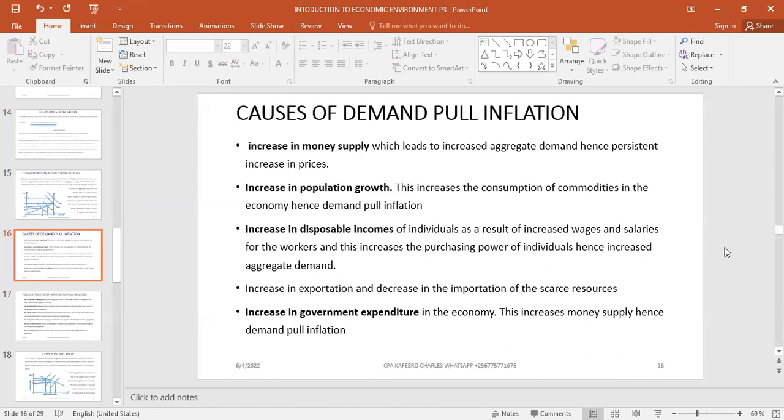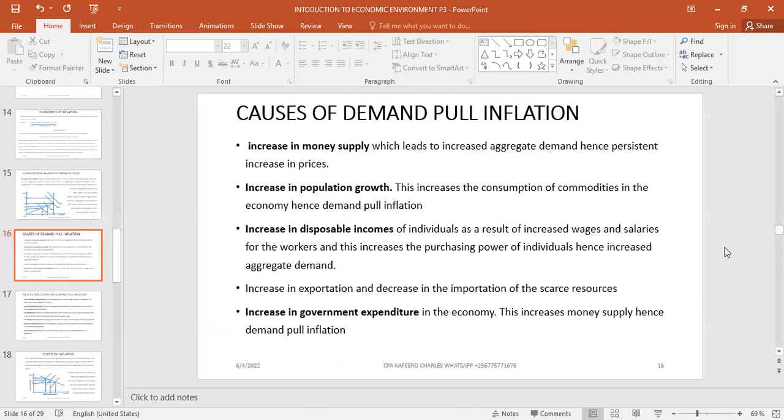If, let's say, someone has been receiving salaries, we expect that the disposable income is going to increase as a result of people being paid a lot of money. If there is an increment in the salaries or wages for workers, then people are going to have enough disposable income, which will make them demand more goods which are not available in the market.